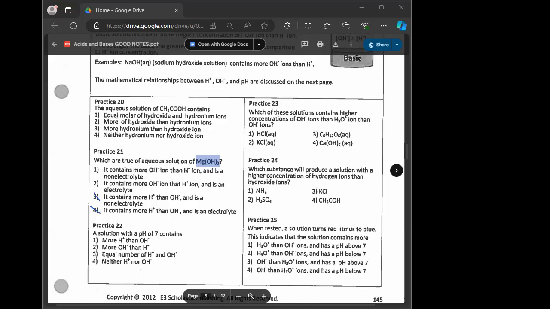Okay, and then both acids and bases are always going to be considered electrolytes. And that was actually what we went over on the first day of acids and bases, is that both acids and bases are always electrolytes.